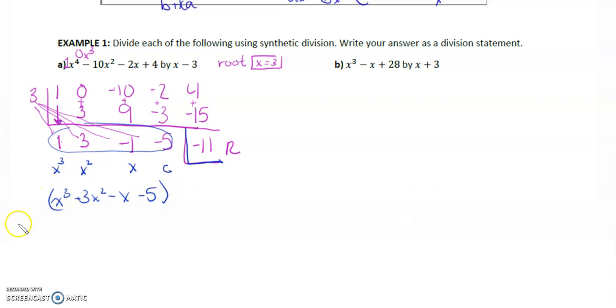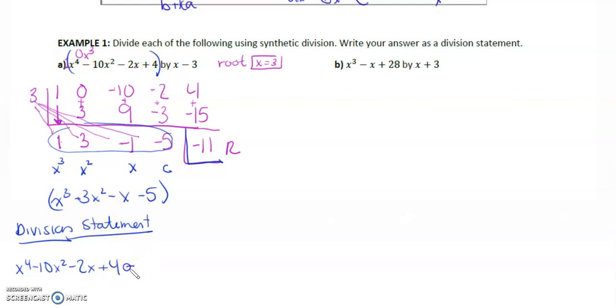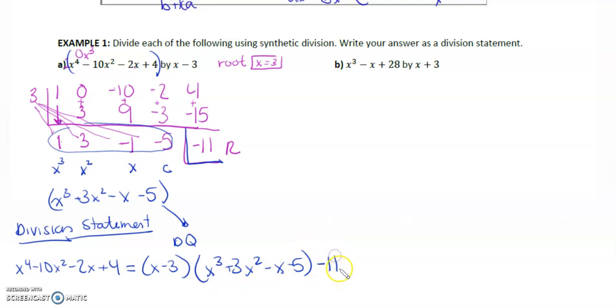So the division statement: we have the original, x to the 4 minus 10x squared minus 2x plus 4, which I got from f of x. This equals the divisor, x minus 3, times the quotient. Remember dq, just like the ice cream. We write the quotient in there, and then plus the remainder, so negative 11.